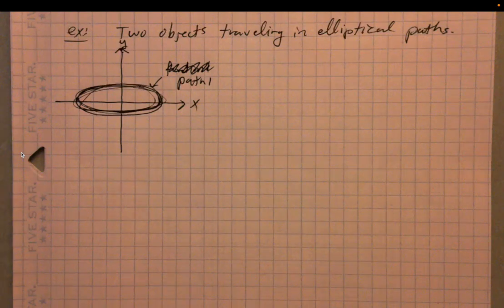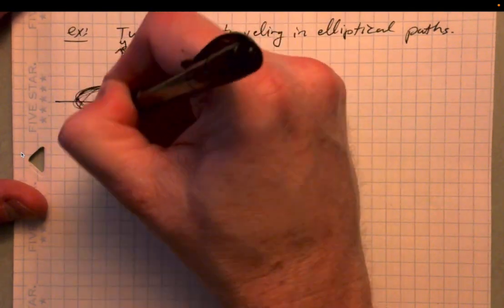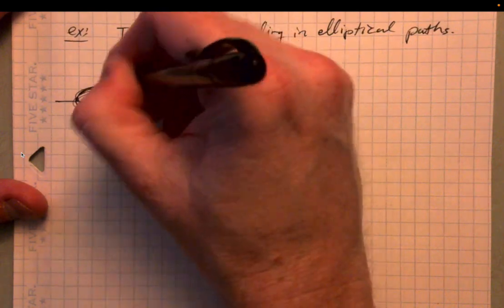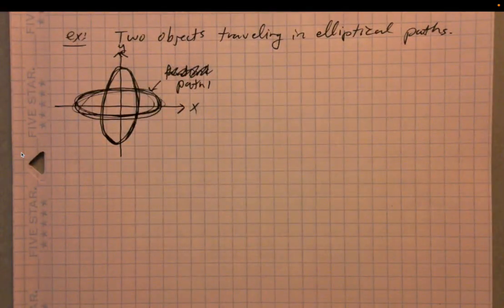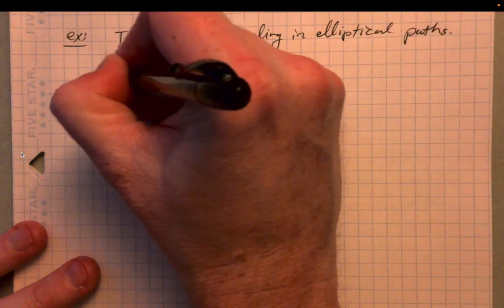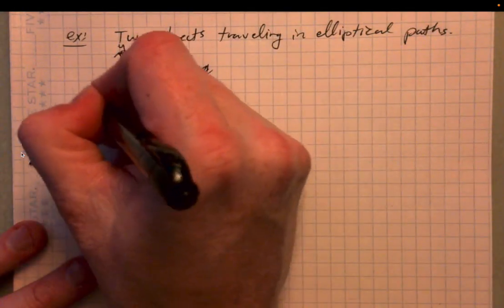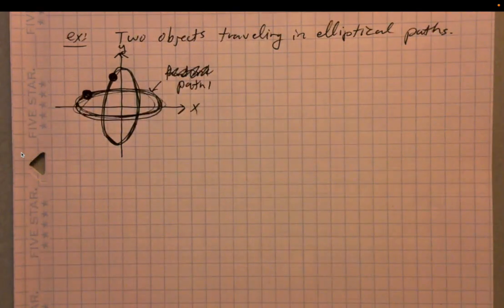And then the second path is similar, but it's kind of turned and it's more vertical, right? So it's spinning like this. So I've got these two objects traveling in these elliptical paths. Now they obviously overlap. And so let's say, for example, one of the objects could be right about here at a certain time, and another object is over here at a certain time.